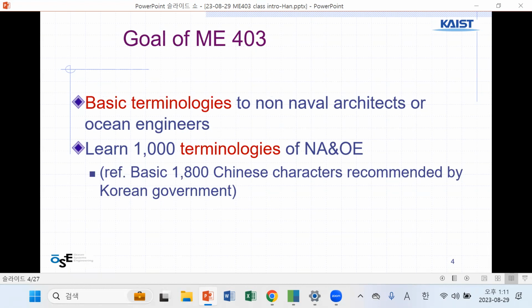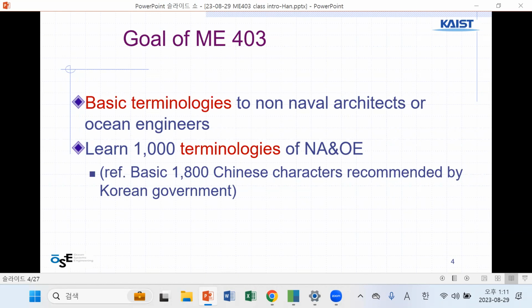You will see in the future that those unique terms are used in other areas of engineering, say airplanes or space, and automotive also uses some of that terminology.